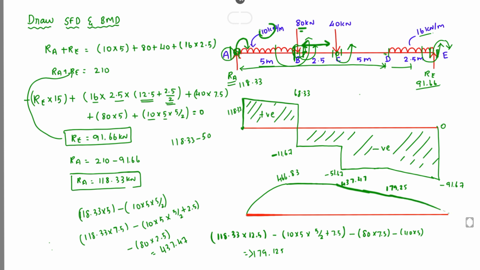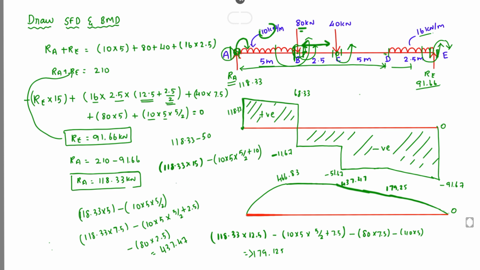Okay, now how can we find out the 0 over here? We take 118.33 into the total distance, and the total distance is 15. This is the only positive force. Next, the negative force, that is 10 into 5 meter into distance by 2, that is 5 by 2, again plus that is 10.